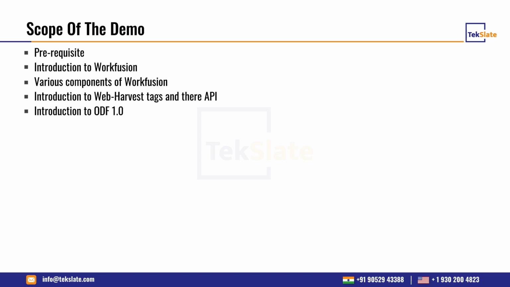Nowadays WorkFusion has provided several ML models for information extraction as well as classification. As a part of this, WorkFusion has also given us the Auto ML SDK, which we can configure.